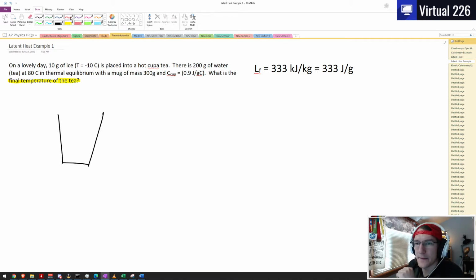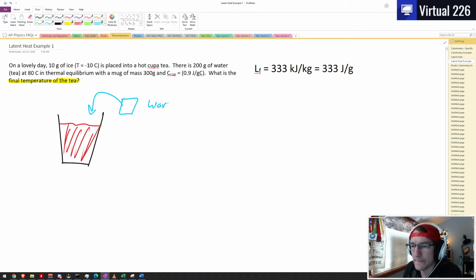a cup. We have this hot tea inside it, so I'll make it red like it's lava or something crazy. And then we're taking ice and putting it in. So we know that this ice has to do a few things, right? We know the ice has to warm up. And then we have a pretty good feeling here that this ice is actually going to melt.